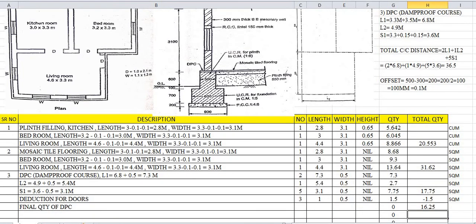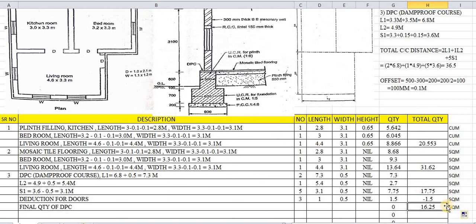So we will not take 17.75, we will take 16.25 after deductions. After deductions, the final quantity of DPC is 16.25 square meters. This 16.25 concept is very important. How do we calculate the quantity of DPC? We have to consider the deductions concept also for DPC.